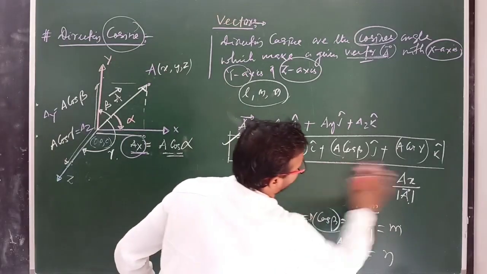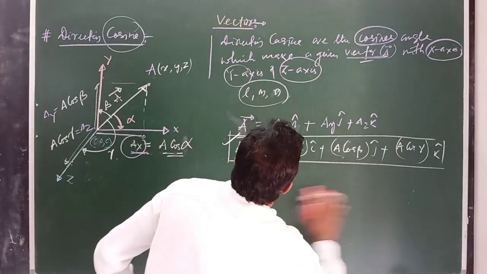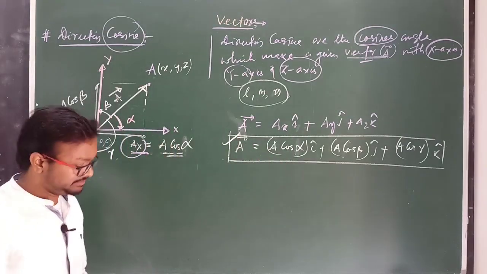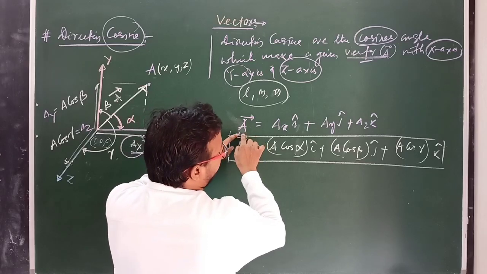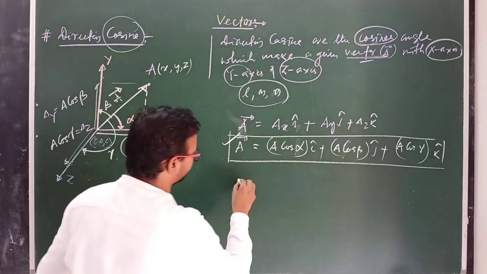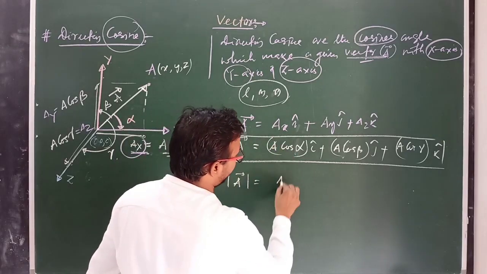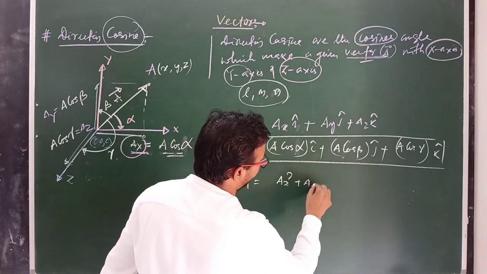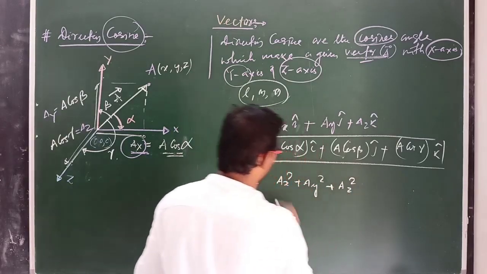So how can we find the magnitude of this vector A? The magnitude of the vector equals the square root of ax square plus ay square plus az square.